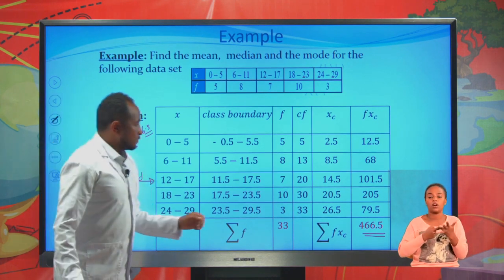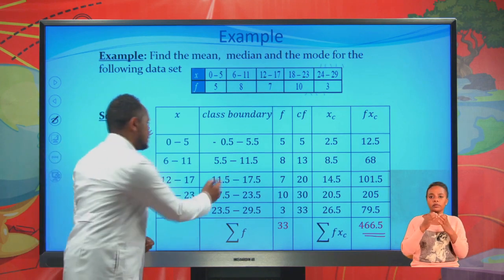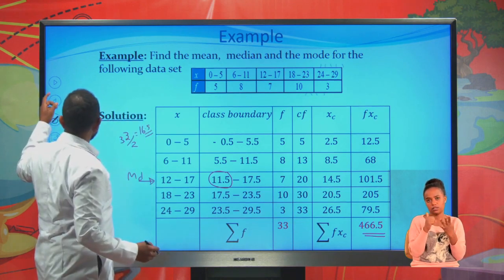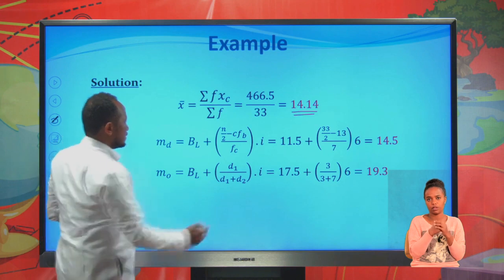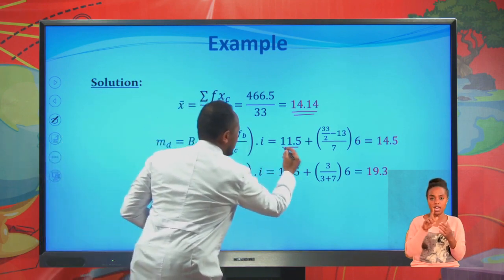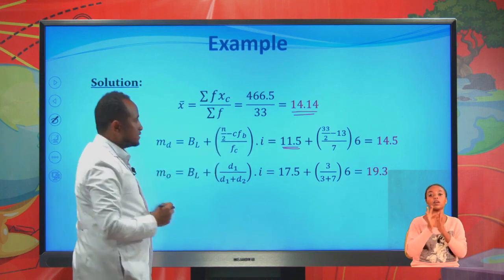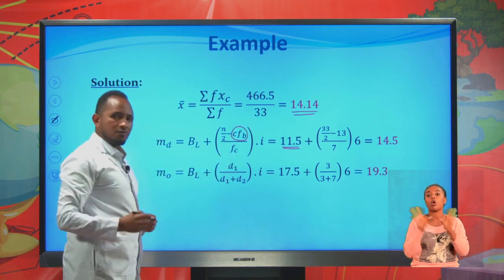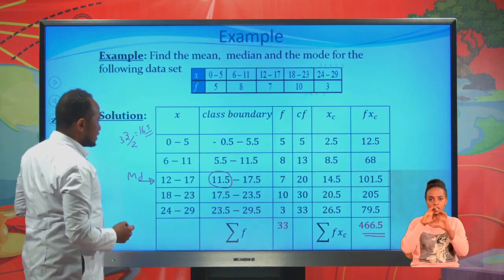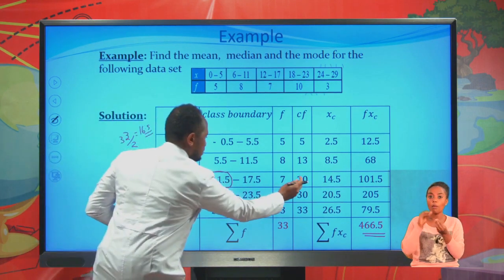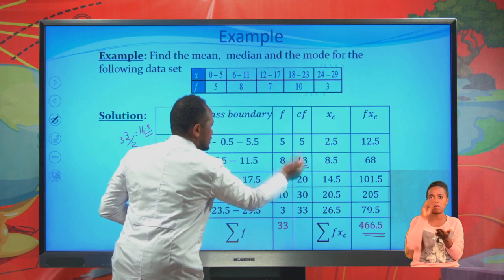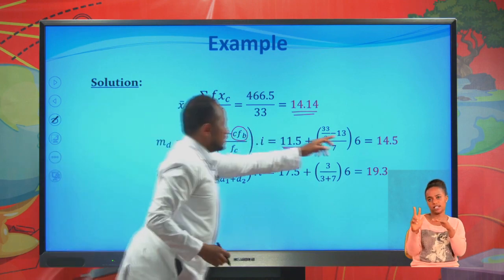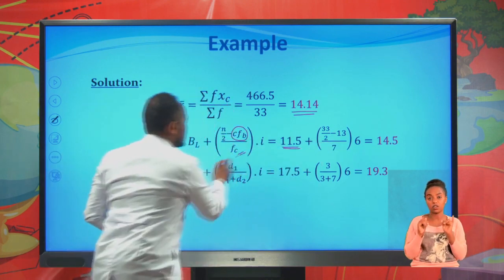Therefore, from the median class, its lower class boundary is 11.5. So here BL is 11.5. Total number of data set is 33. 33 divided by 2 minus the cumulative frequency before the median class. The cumulative frequency before this class is 13. So 13, divided by the frequency of the class.